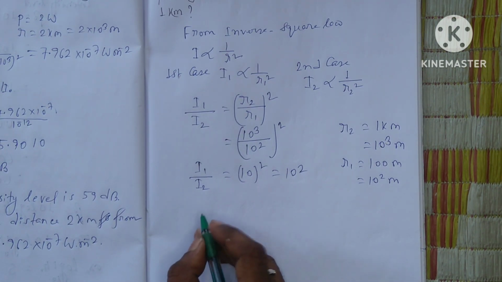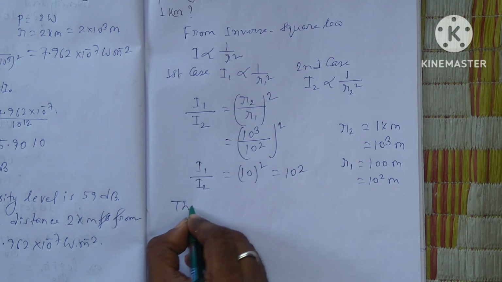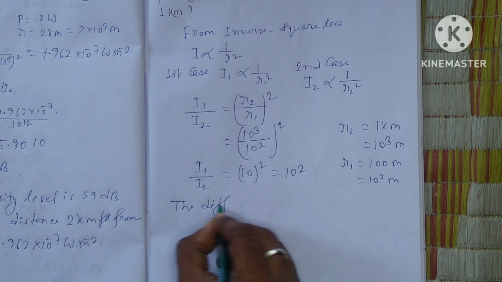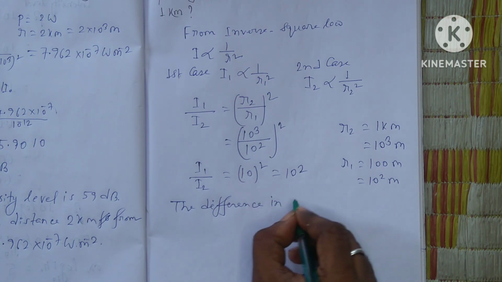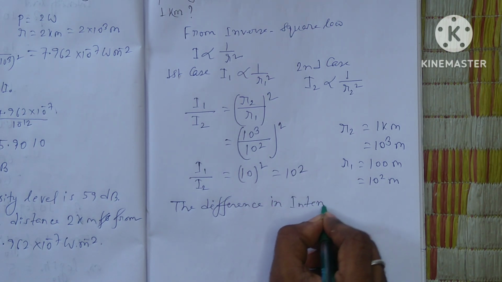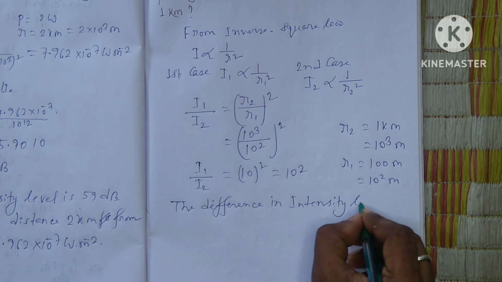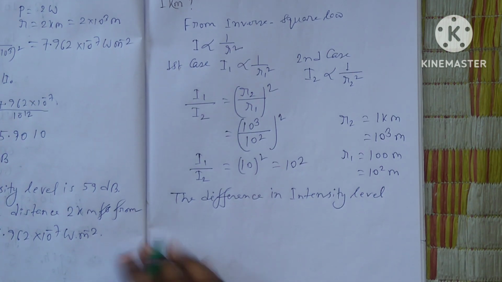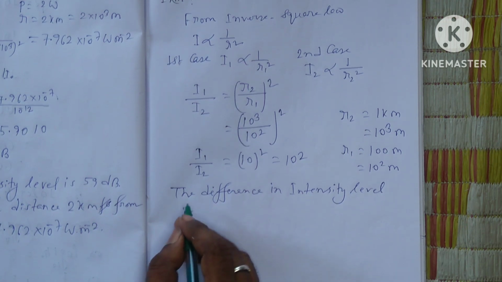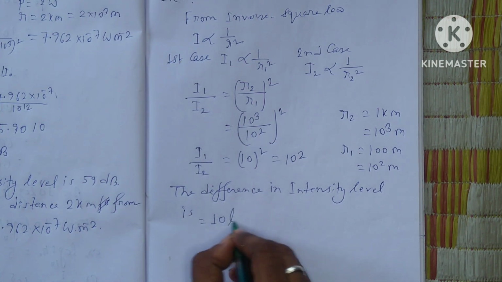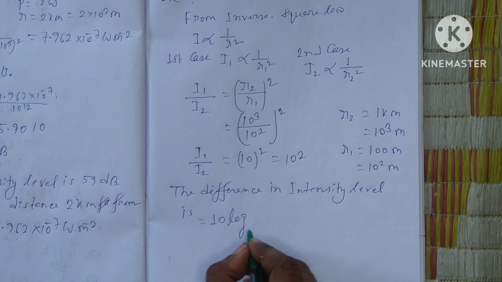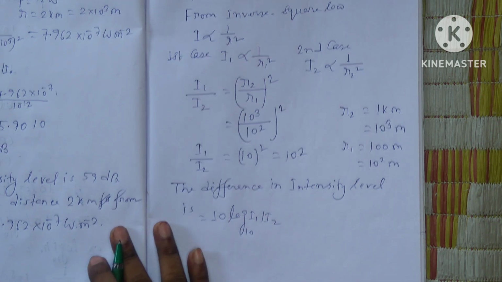The difference in intensity level is 10 log 10 base I1 by I2.